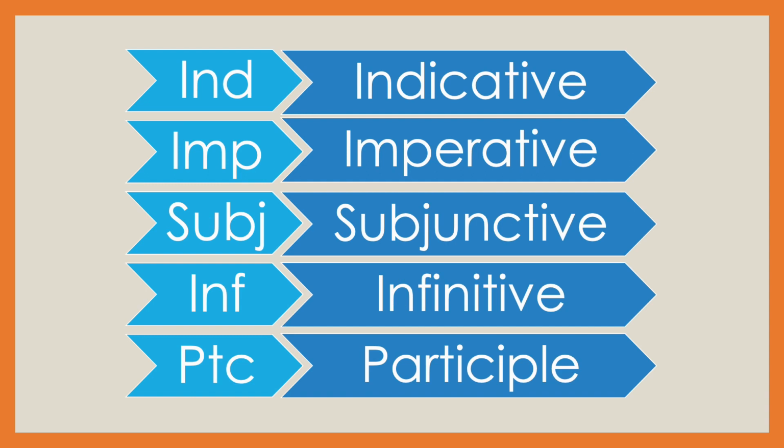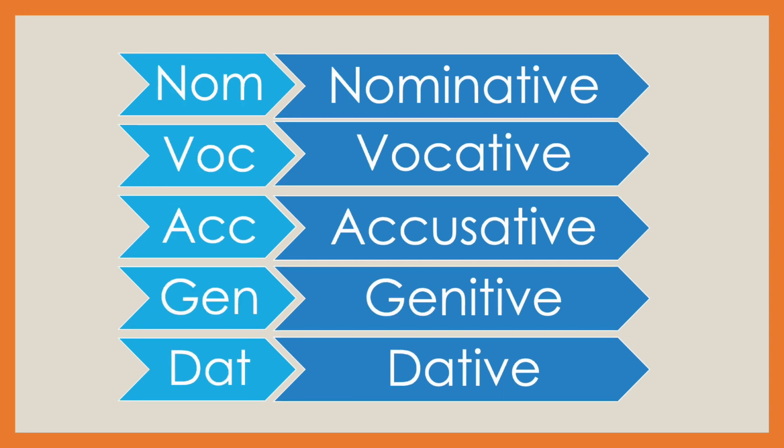The moods here again are fairly obvious. Remember not to mix up imperative and imperfect. Usually they have an F somewhere in the imperfect. And the cases again are quite obvious. Nom, voc, acc, gen, dat.